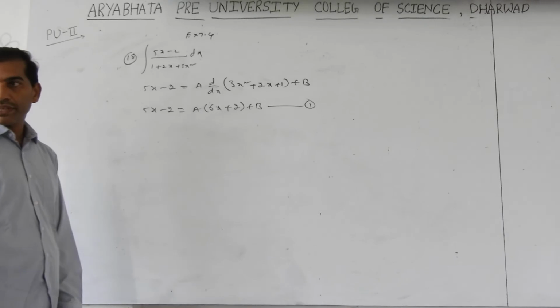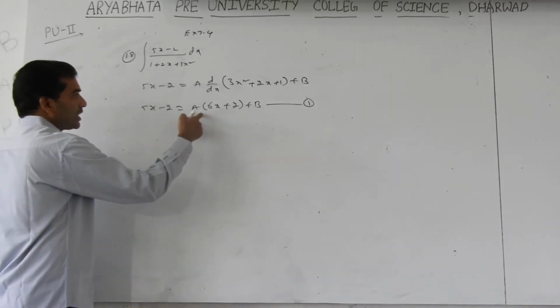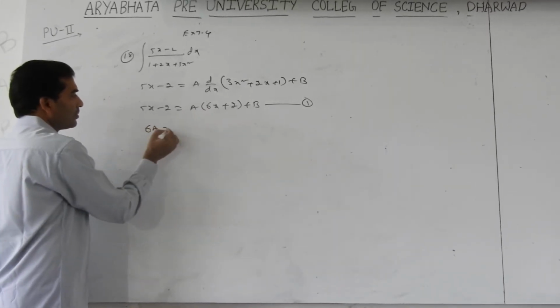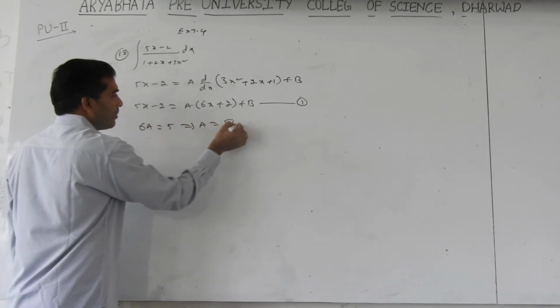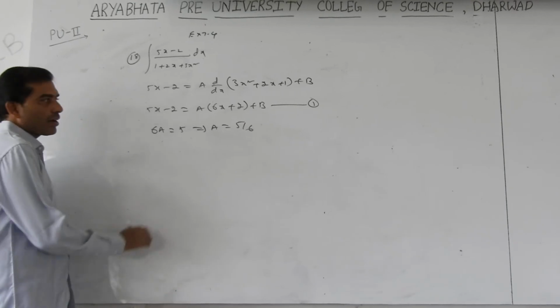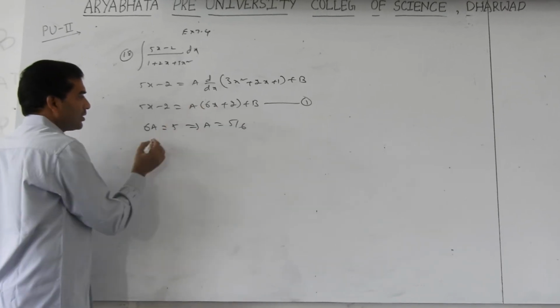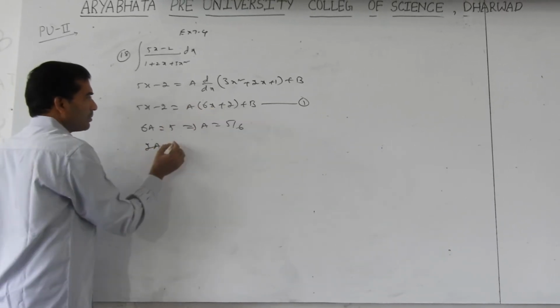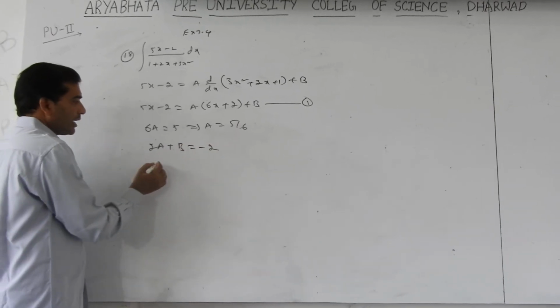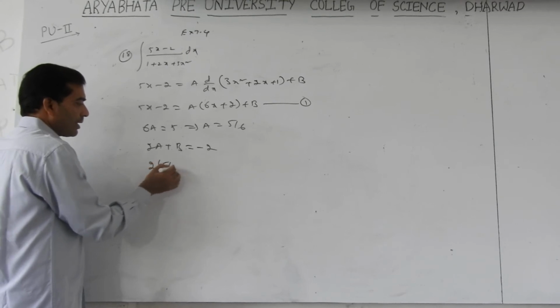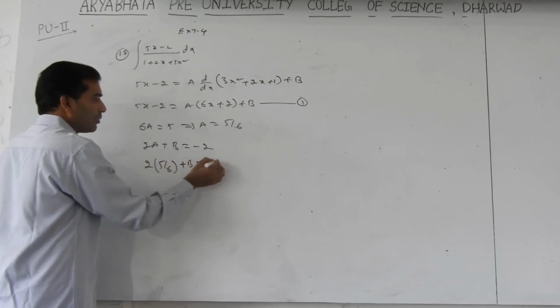Let us find a and b. 6a equals 5, then a is equal to 5 by 6. Constant: 2a plus b equals minus 2. So 2 into a, which is 5 by 6, plus b equals minus 2.